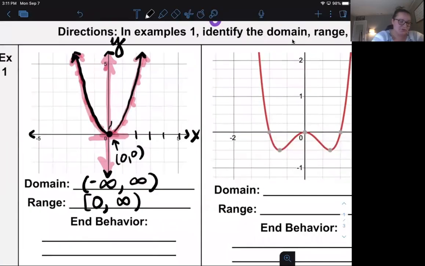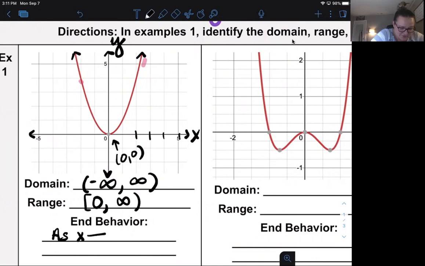So for this particular graph, and actually for all graphs, the way that you're going to describe this is you're always going to say as x approaches negative infinity, comma, y approaches, and then you're going to tell me what y approaches.